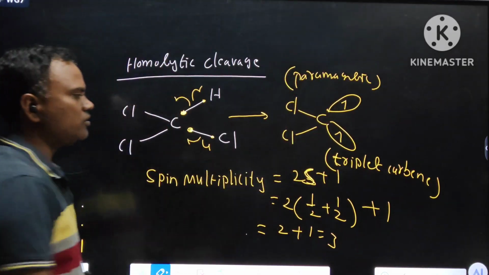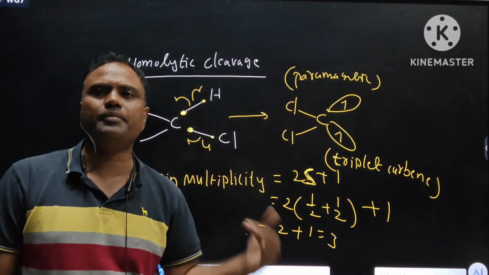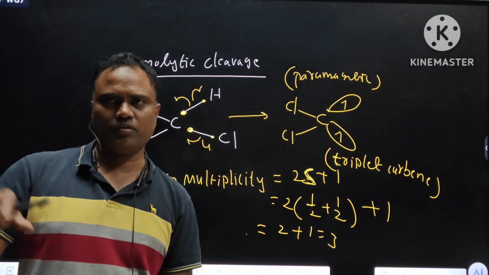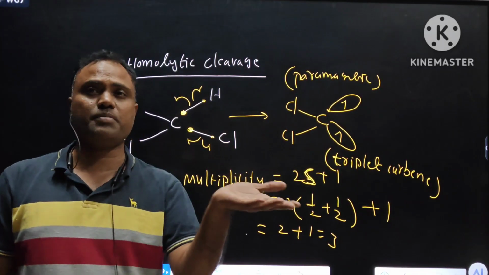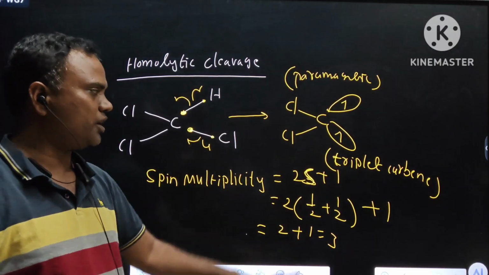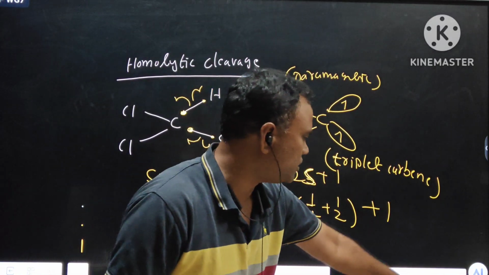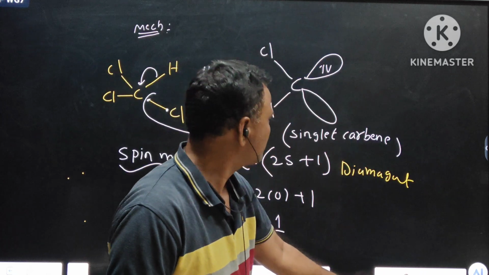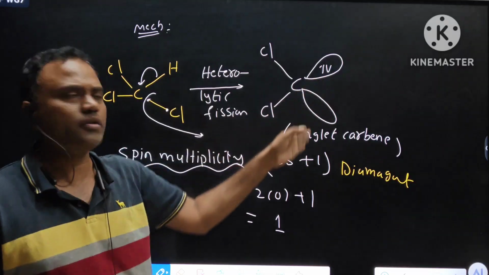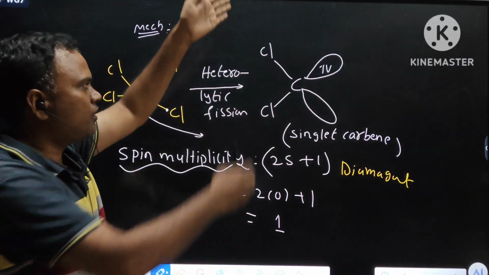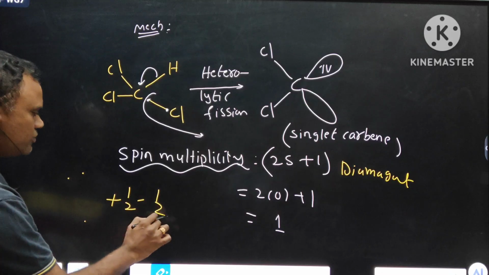But here one small correction. Instead of taking 1, take 1/2. Spin values we have to take. We know according to the spin quantum number, clockwise is plus half, anti-clockwise is minus half, and that we have to consider. In the last case also, one is plus 1/2 and another one is minus 1/2.